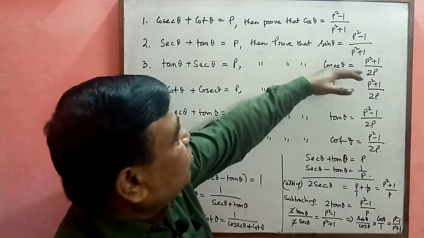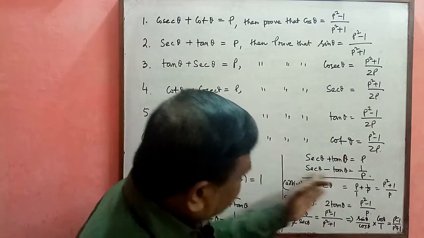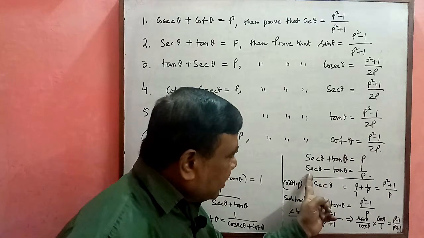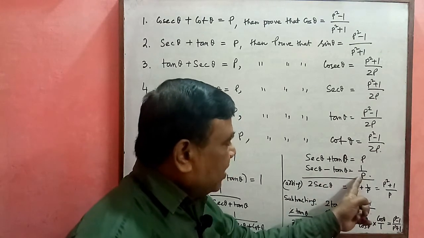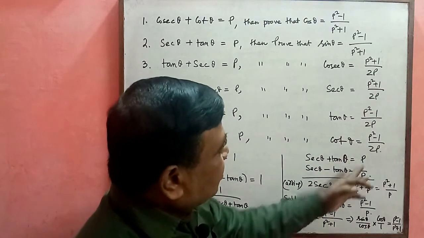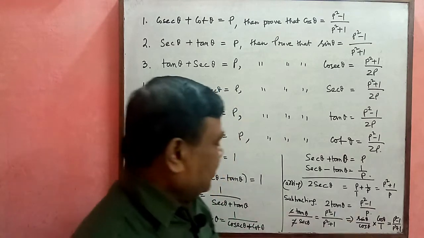And likewise, this will also be proved the same way. If I subtract it, after subtracting this minus, this plus, this minus, so definitely we will have 2 tan theta is equal to p minus 1 upon p, that is p square minus 1 upon p.